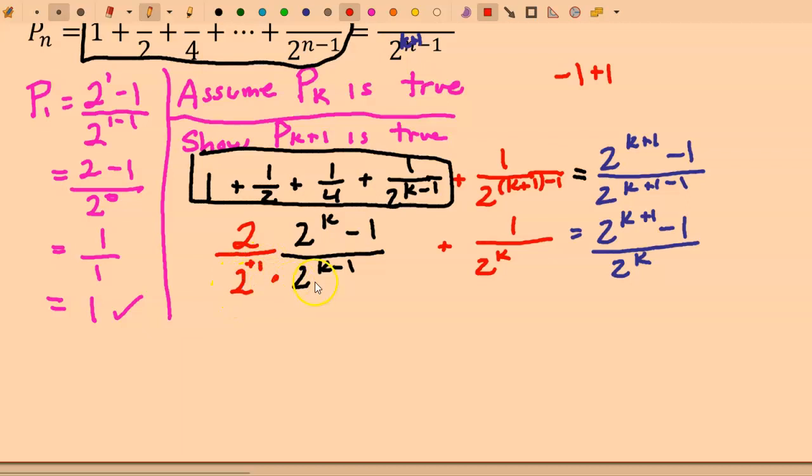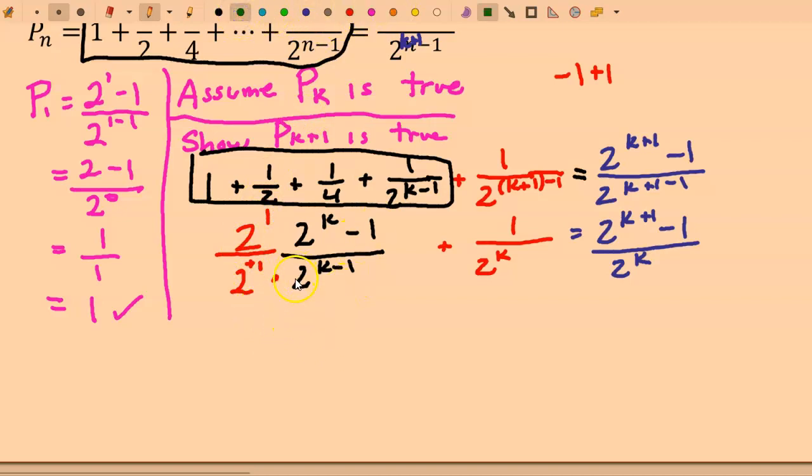If I multiply this by 2, I end up with 2 to the 1 plus k minus 1. Add the exponents together, which equals just 2 to the k. So that's how I get all these under one roof. Multiplying by 2 or 2 to the 1.